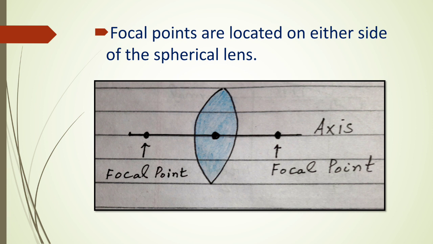So there are two focal points of the spherical lens. One is located on the axis on the left side of the spherical lens, and the other one is located on the axis as well, and it is on the right side of the spherical lens.